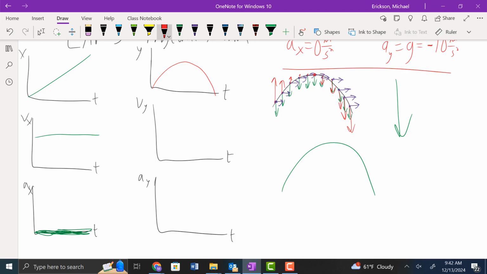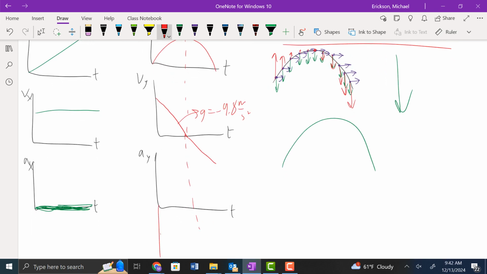The object's going up and then back down. It's slowing down on the way up and then speeding up on the way down. For v_y versus t, to show this, I would start in the positive and then keep going down into the negative. The slope here is g, which is negative 9.8 meters per second squared. So a_y will be negative 9.8 meters per second squared the whole time.